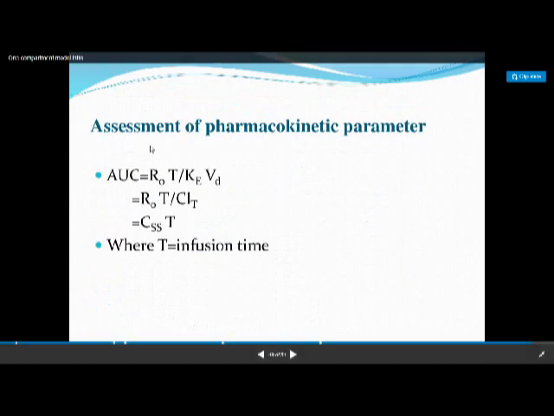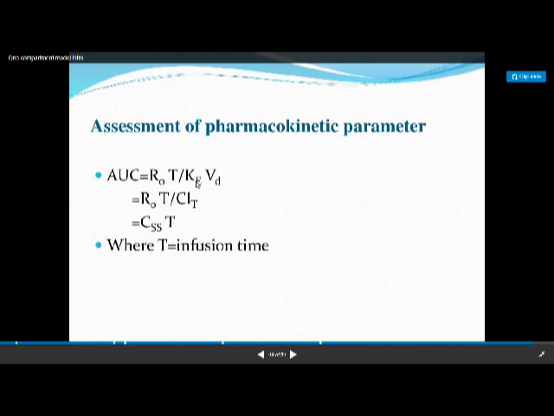And again we can assess pharmacokinetic parameters by using this IV infusion, that is AUC, and the formula for the AUC is R0 T upon KE VD. Now all these parameters we can easily calculate. R0 we know, T we also know, elimination constant, apparent volume of distribution.